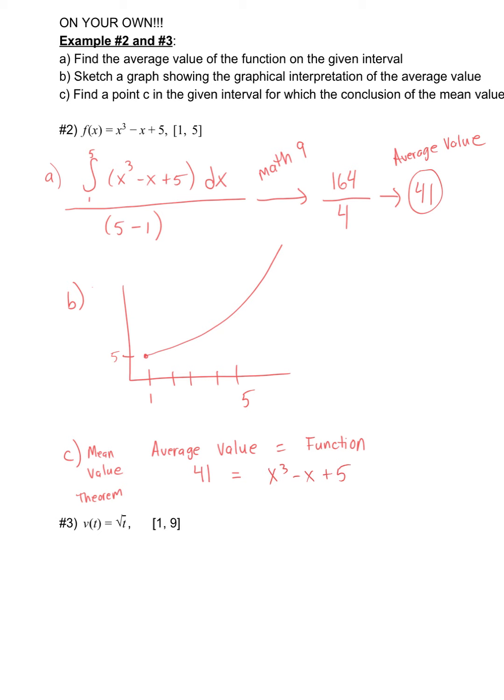So again, I would get everything set equal to 0. So subtract 41 from both sides. So we have 0 is equal to x cubed minus x, and then 5 minus 41 gives us minus 36. So now we can use the calculator to find an x-intercept.